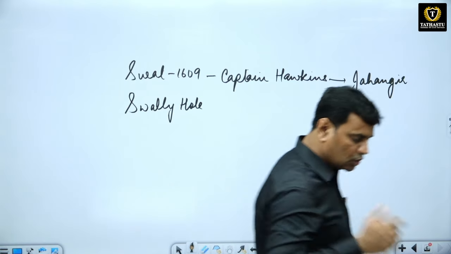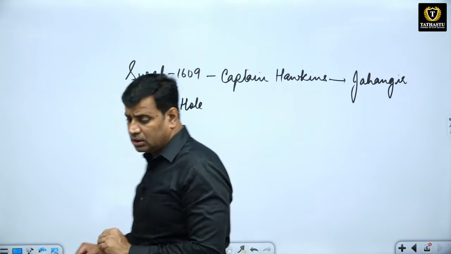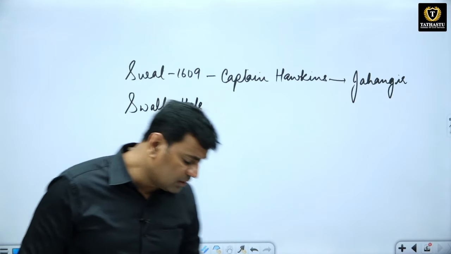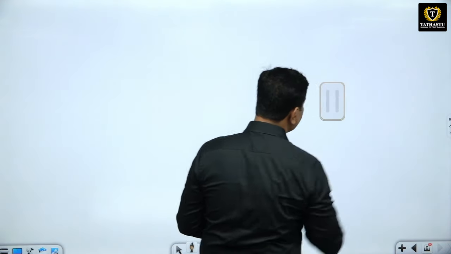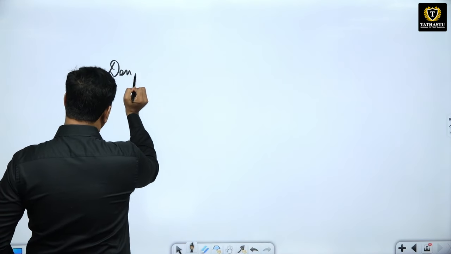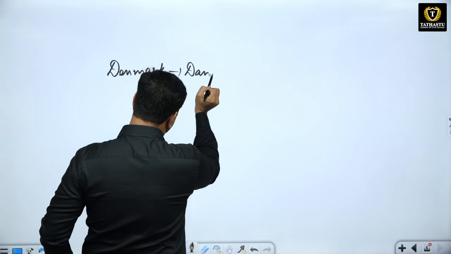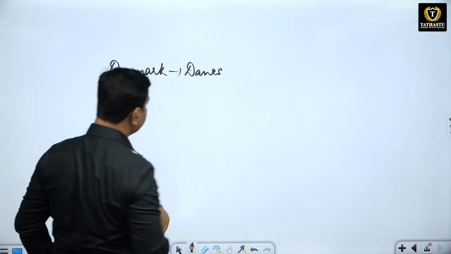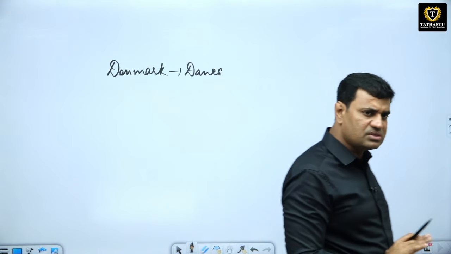The fourth European power to reach India were the traders of Denmark, also known as the Danes.